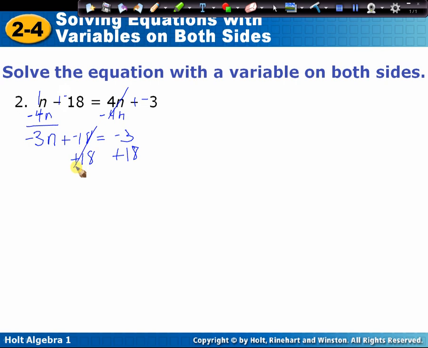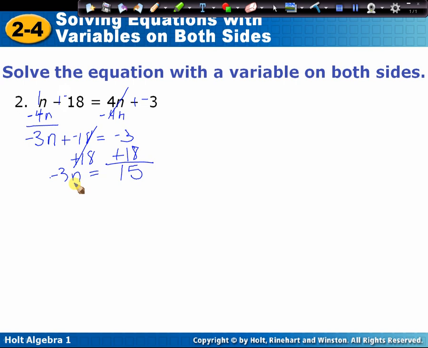That cancels out. And on this side, we have negative 3 plus 18. Negative 3 plus 18 equals positive 15. So I'm going to bring down my negative 3n and bring down my equal sign. Now I have negative 3n equals 15.